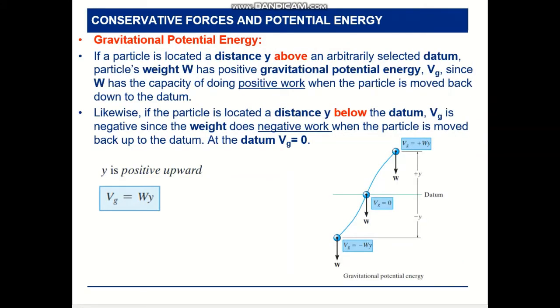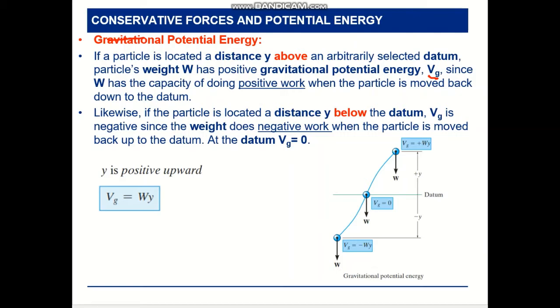Let's keep talking about gravitational potential energy. If a particle is located at distance y above an arbitrarily selected datum, the particle's weight W has positive gravitational potential energy. This positive gravitational energy is shown as Vg, since W has the capacity of doing positive work when the particle is moved back down to the datum.